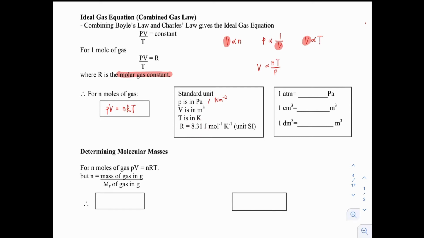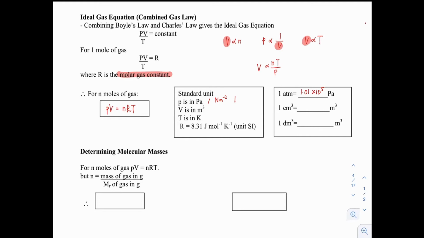Alright, so right now we are going to look at this. Sometimes in past year questions, the given unit is not the standard unit. So we must be able to change the unit to the standard unit. For example, 1 atm is equal to 1.01 times 10 to the power of 5 Pascal.